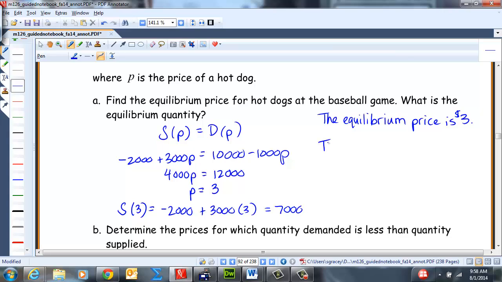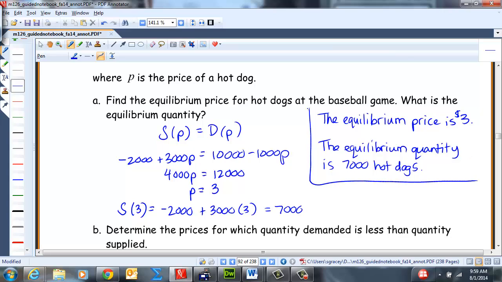So the equilibrium quantity is 7,000 hot dogs. By the way, you could have plugged it into either function. They'll get the same. You've equated them so they intersect at the same ordered pair, so you would get the same y value for both.